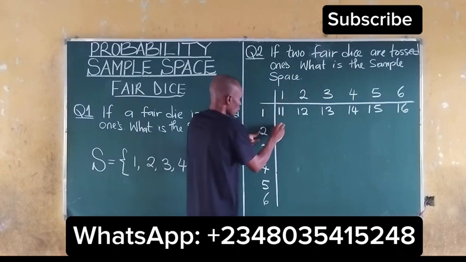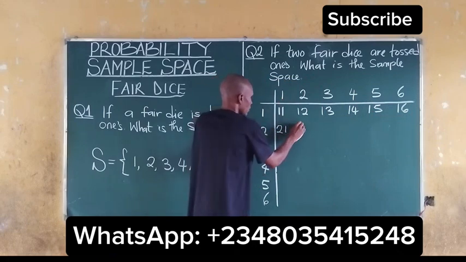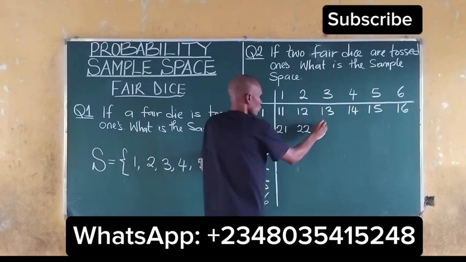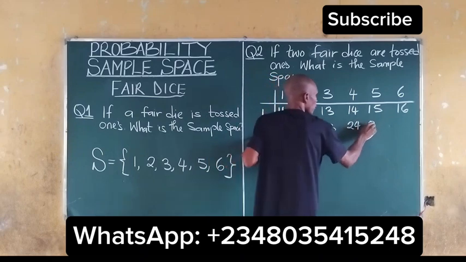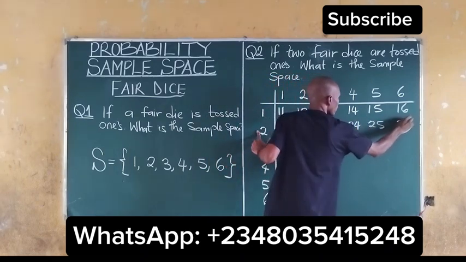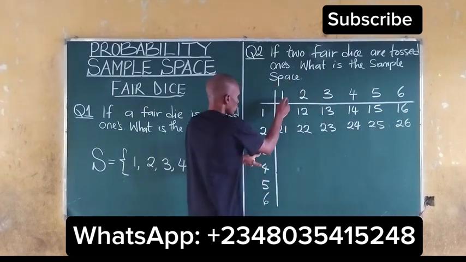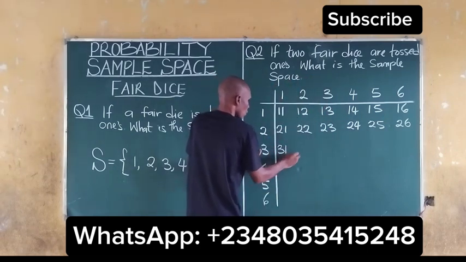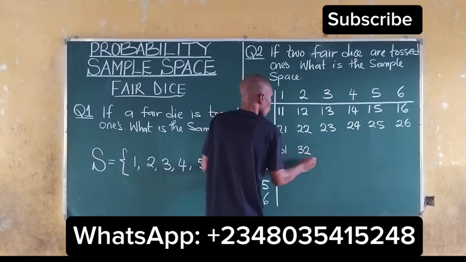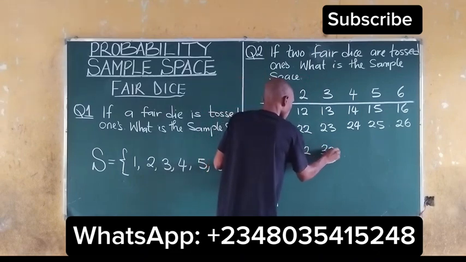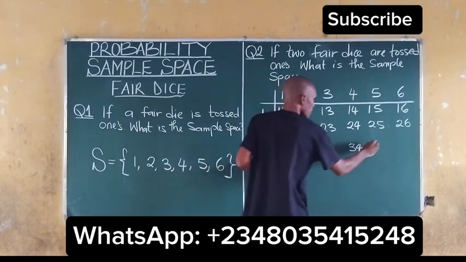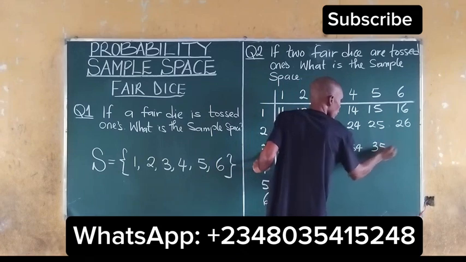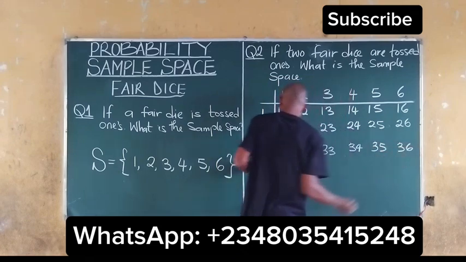If this and this are thrown, you get 2,1, or 2,2, or 2,3, or 2,4, or 2,5, or 2,6. Or you get 3,1, or 3,2, or 3,3, or 3,4, or 3,5, or 3,6.